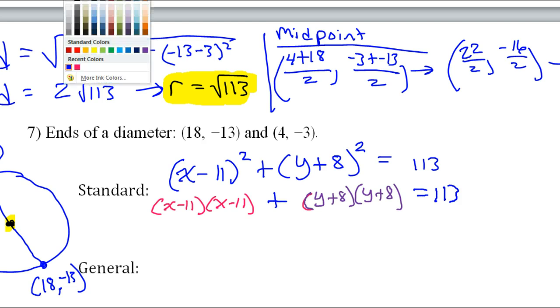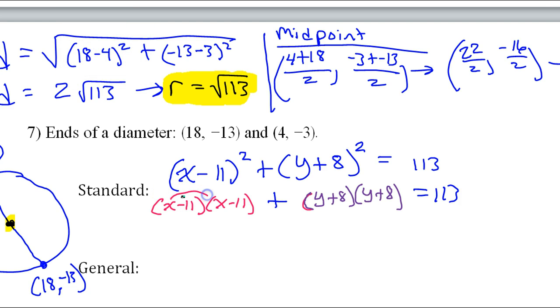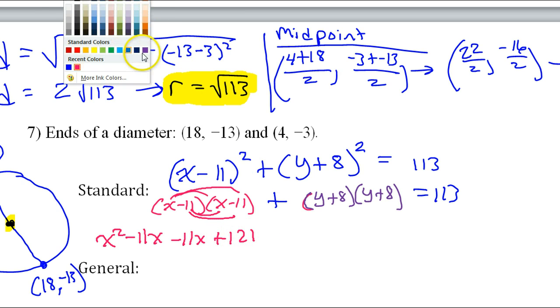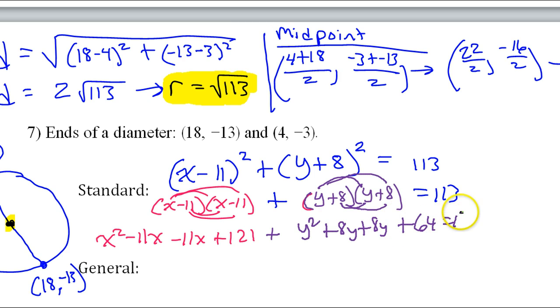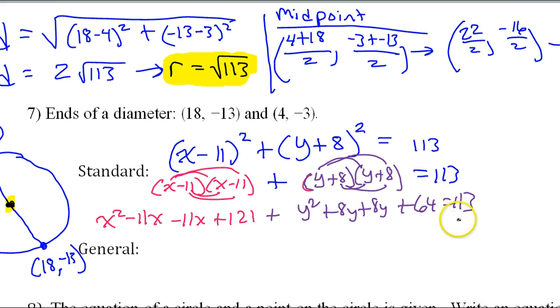If I do this out, I'm double distributing here. That's going to give me x squared minus 11x minus 11x plus 121, and then plus, doing the same thing over here, y squared plus 8y plus 8y plus 64 is equal to 113.